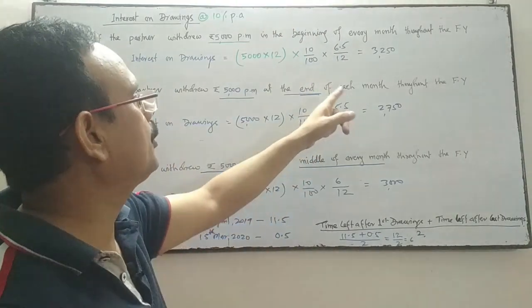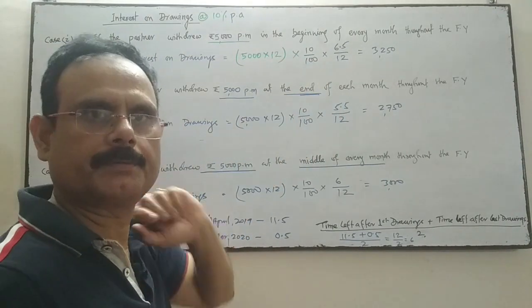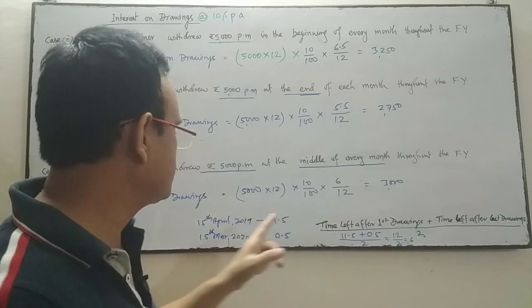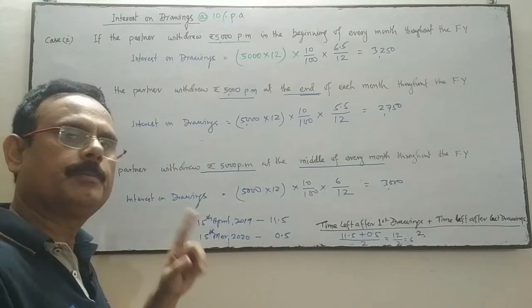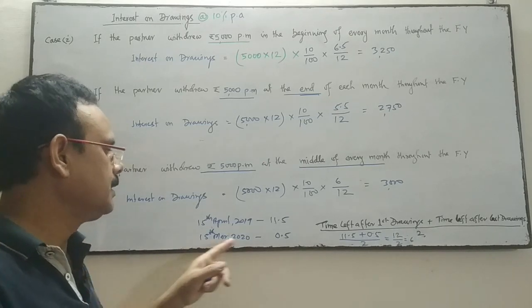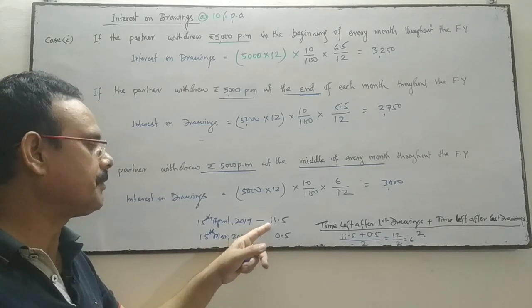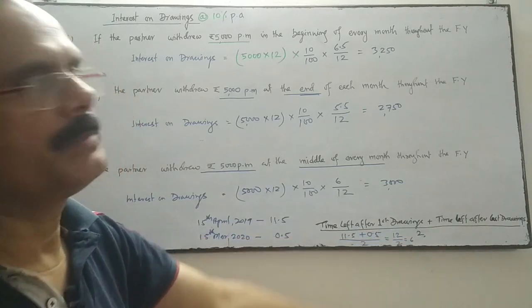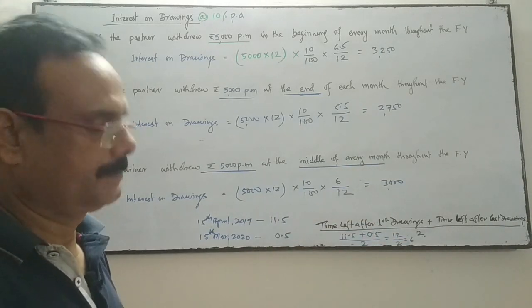If at the end of every month, then it is 5.5. And if at the middle of every month, means 15th April, 15th May, 15th June, and so on, the last drawing will be on 15th March. So the average will be 11.5 plus 0.5, 12 upon 2, means 6 months.